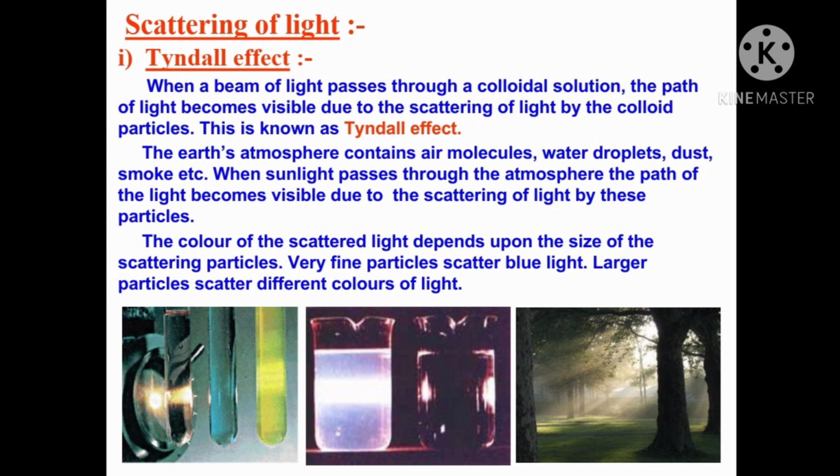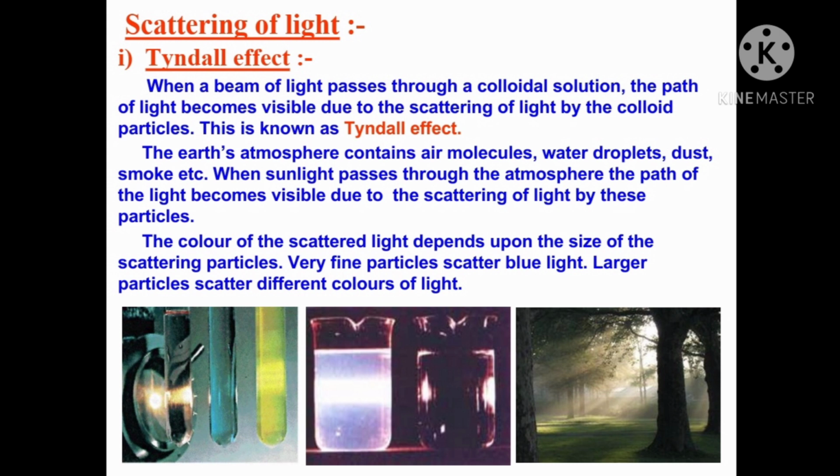When a beam of light passes through a colloidal solution, the path becomes visible due to scattering of light by the colloid particles. This is known as the Tyndall effect. The Earth's atmosphere contains air molecules, water droplets, dust, smoke, and many other tiny particles.